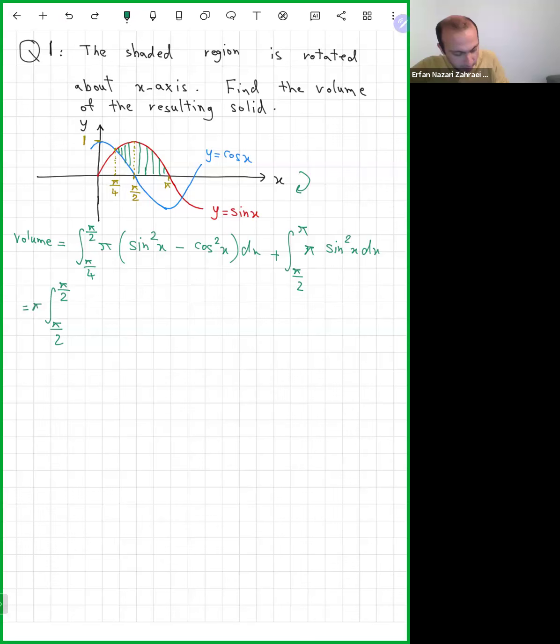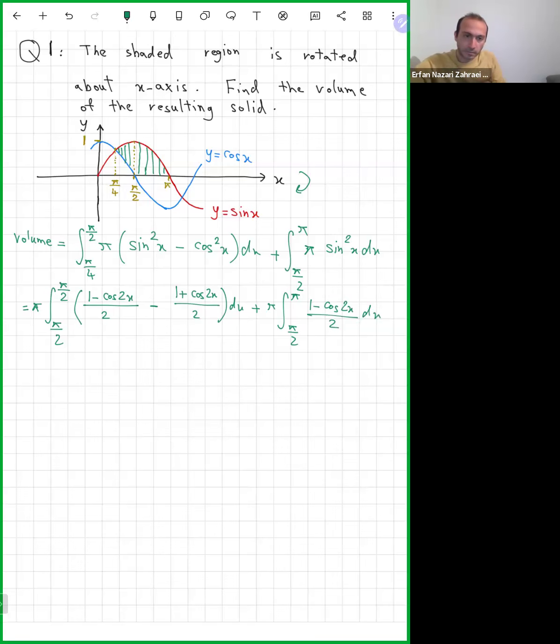Then sine squared is 1 minus cos 2x divided by 2, minus cosine squared, which is 1 plus cos 2x divided by 2. And in the second integral, again, let me take this pi out as a coefficient. I have sine squared is 1 minus cos 2x divided by 2.